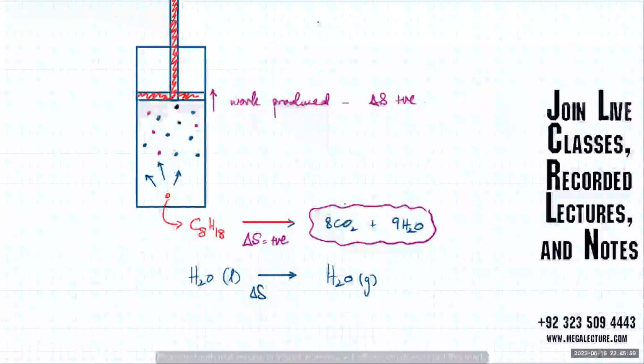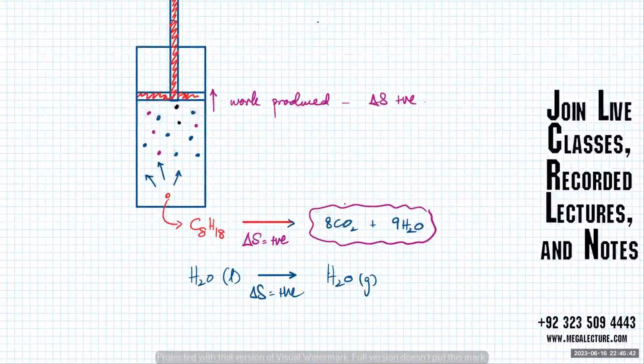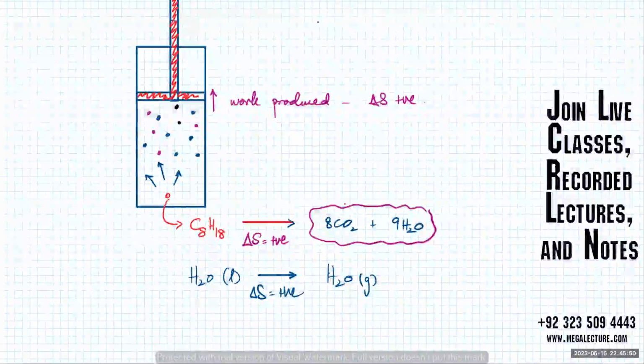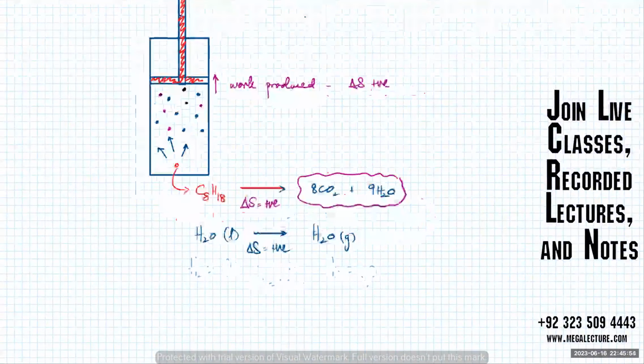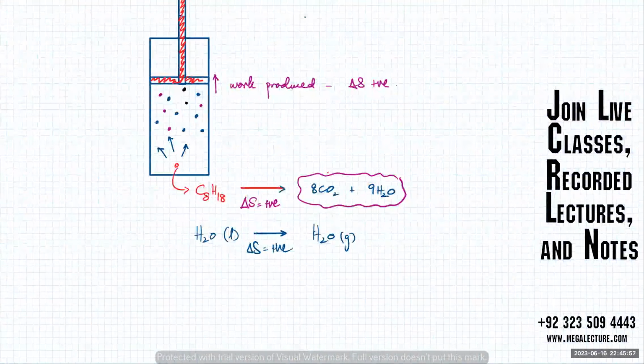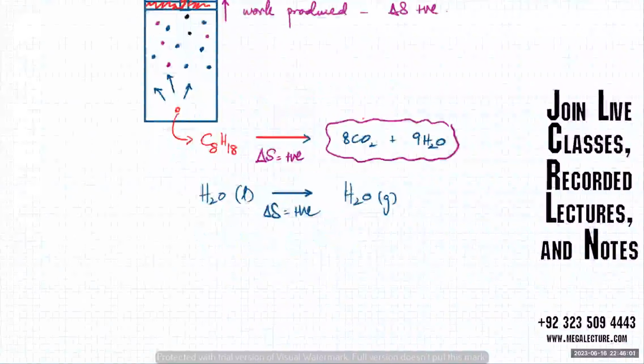But as long as delta S is positive, and delta S is very positive in this case as well, something similar happens: when liquid water turns into steam, there's a lot of disorder, and that disorder helps in moving the piston. So the enthalpy change is irrelevant. In one case it's exothermic, in the other it's highly endothermic. That's irrelevant. Delta S is what's important.